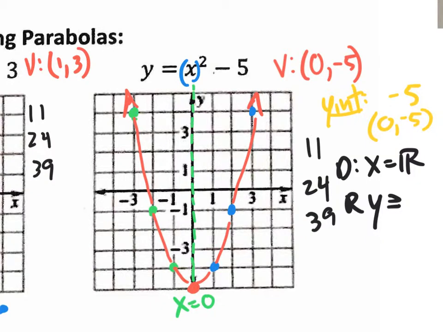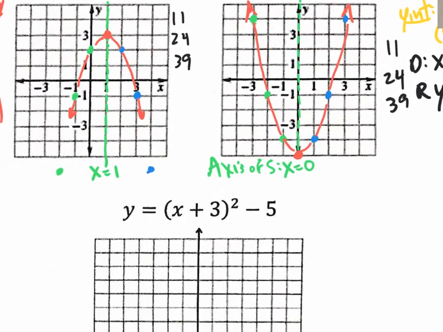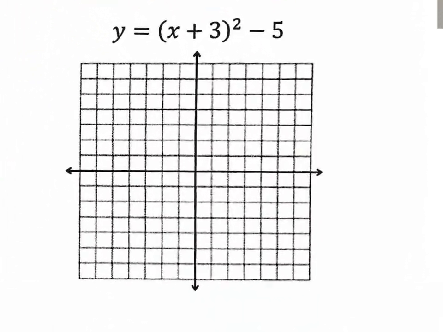The y value of your vertex is -5. So y is greater than or equal to -5. And that's about it. That's all I'm going to ask. The y-intercept, the domain, the range, the axis of symmetry is x equals whatever the x value of your vertex is. Let's try another.